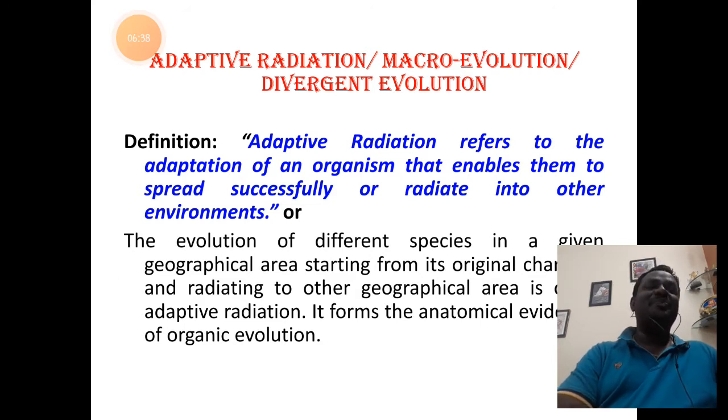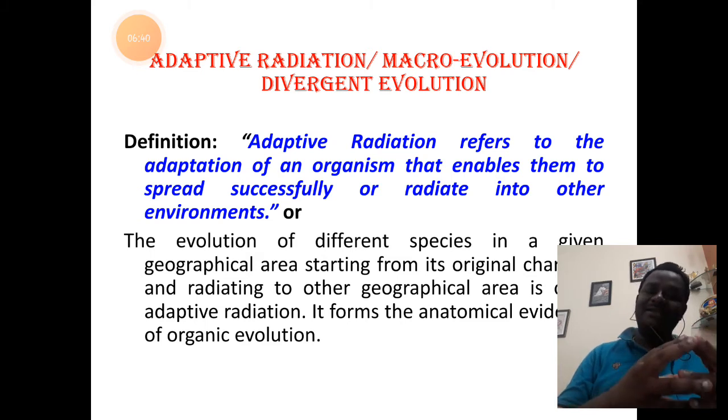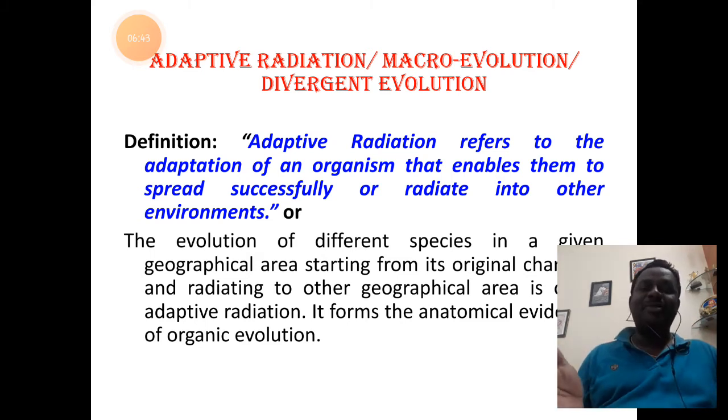Students, remember, when a single organism enters into different environments to form different species of organisms due to adaptation, we call it adaptive radiation or macroevolution or divergent evolution.